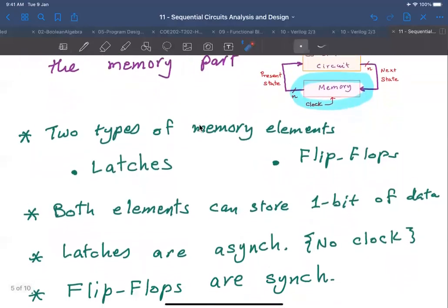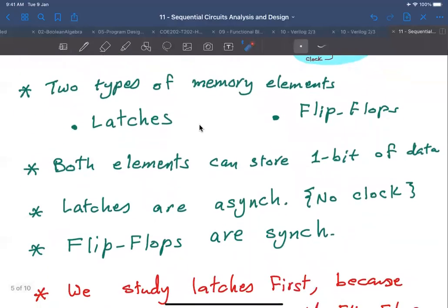That's why we study them. Otherwise latches are part of asynchronous sequential circuits. We study them only to construct flip-flops, and then, after studying the latches, we'll only use flip-flops.